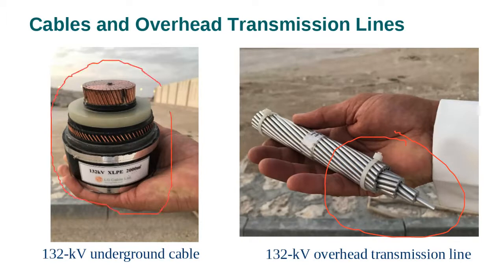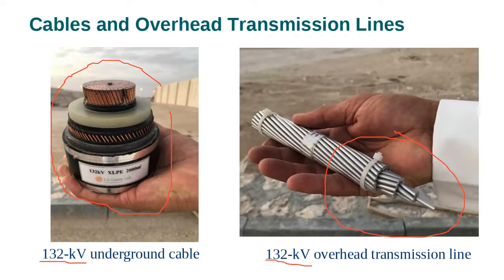For very high power, it's usually not underground. The question is, is it underground for high power? It is underground for high power, yes. This is 132 kV, and this is also 132 kV, the same.